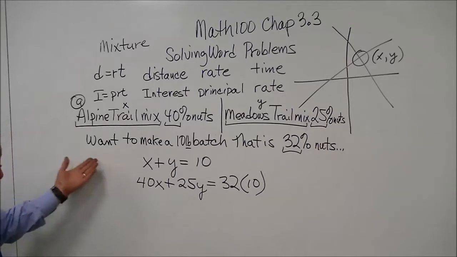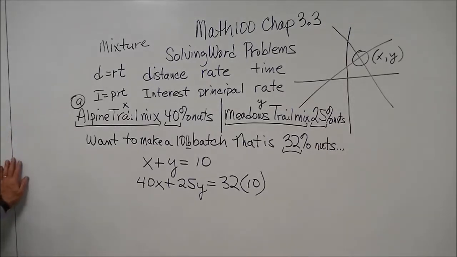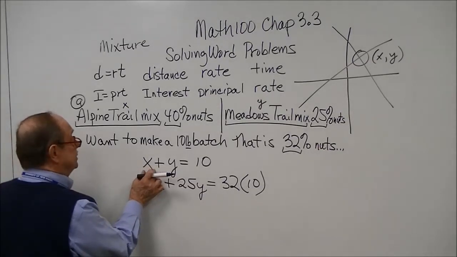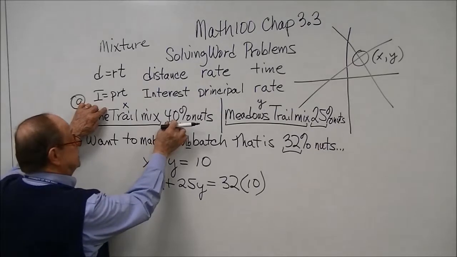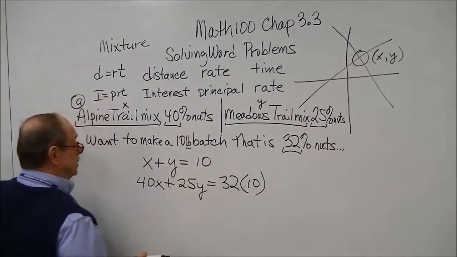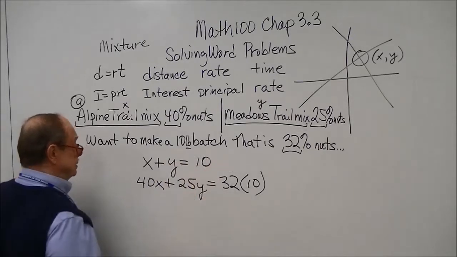So it's very much like the previous example for a mixture. We have a certain number of pounds of alpine, that is 40%. It's going to be 10 pounds altogether, so that's one equation.